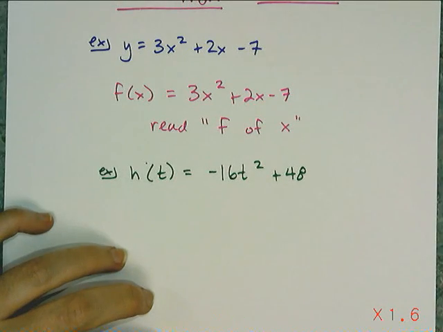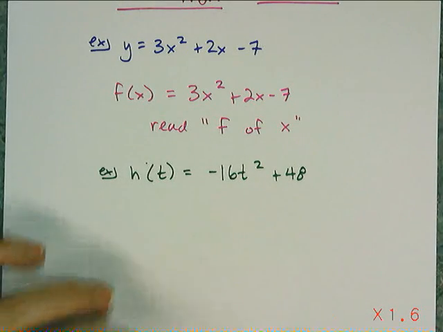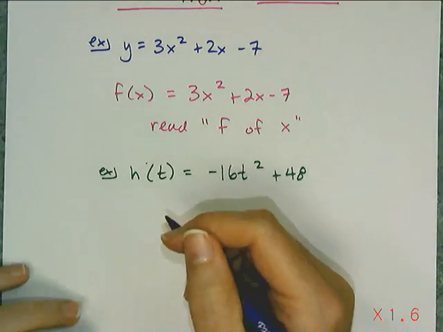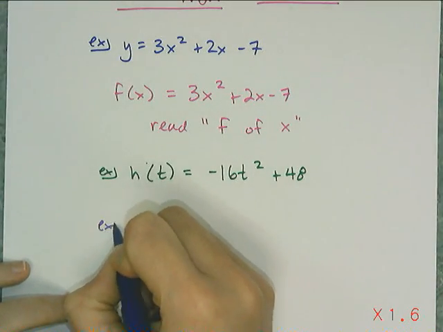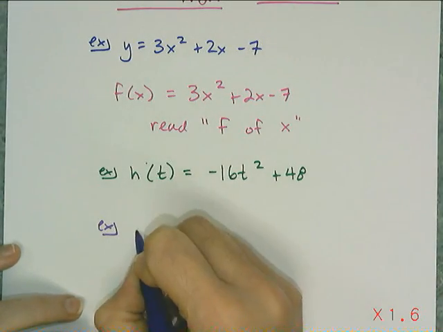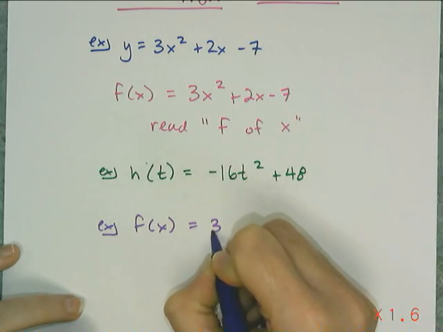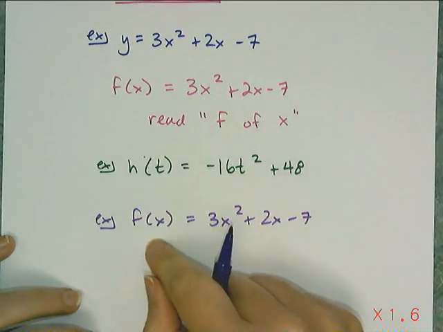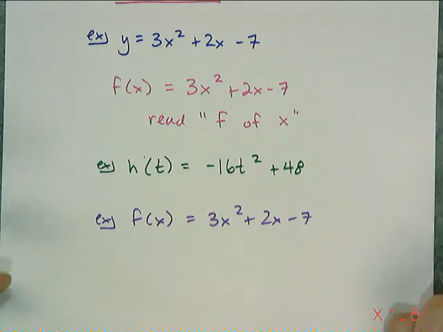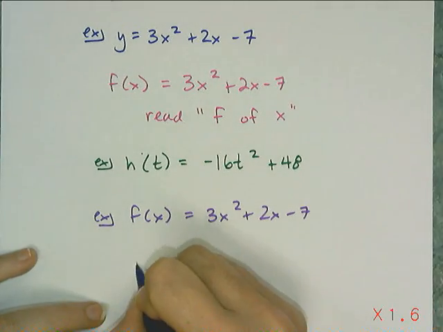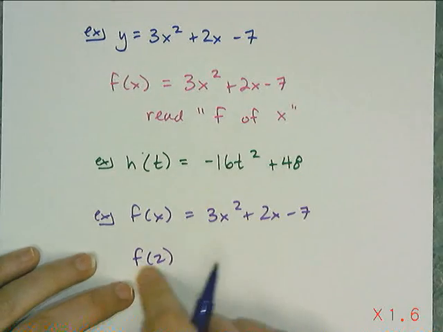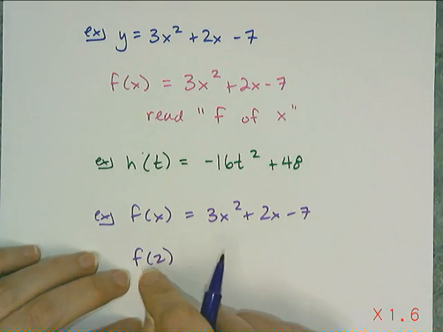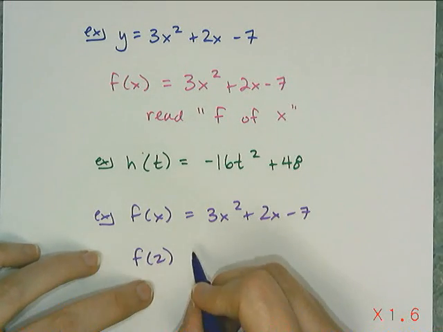And one of the things we like about function notation is that if I want to evaluate a function, let's go back to f of x equals 3x squared plus 2x minus 7. If I want to find the function value, or the y value, when x is, say, 2, I write it like this: f of 2. This notation doesn't mean f times 2 in the context of a function.